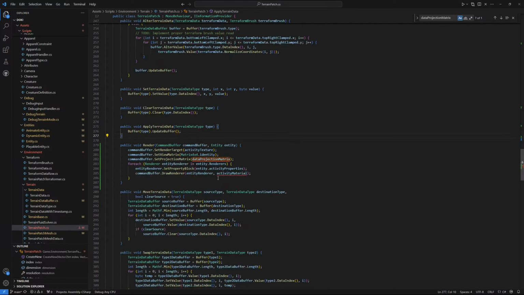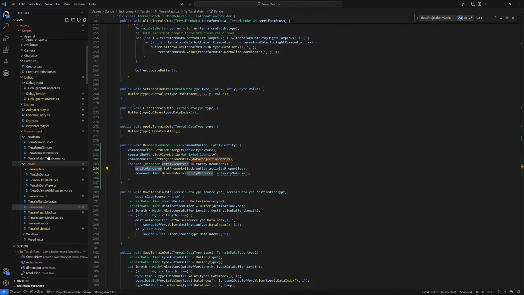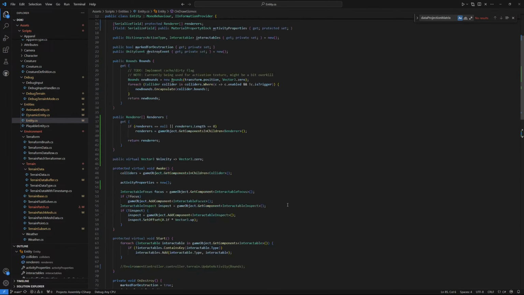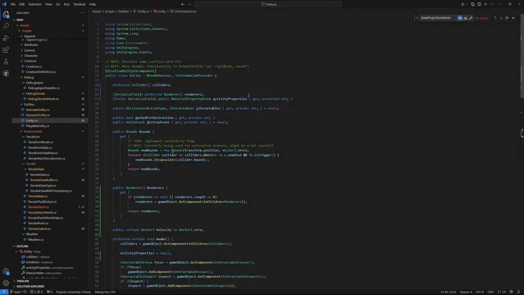Okay, let's start by cleaning up set property block, activity properties. Let's do this in entity, activity properties, material property block. Is it enough to set it here?